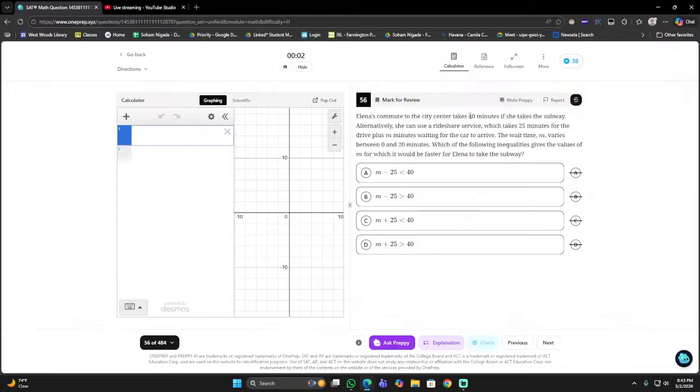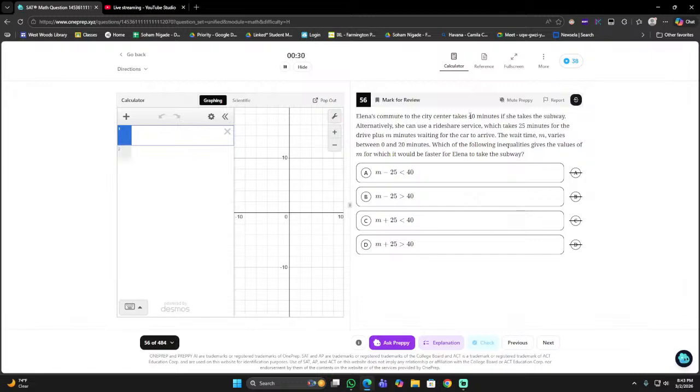Alina uses a commute. The city commute takes 40 minutes if she takes the subway. She can use rideshare, which takes 25 minutes. Honestly, this question is easy to understand because you have 40 minutes, and then m is between this time.